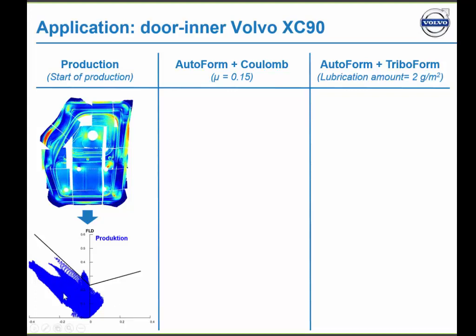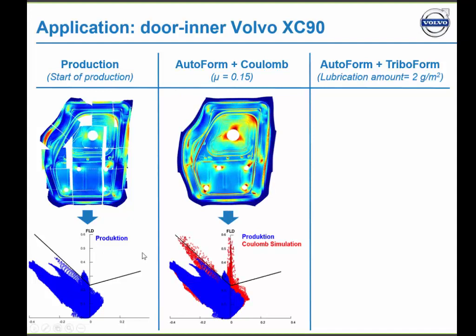Here you see that the part is critical, so it's exceeding the forming limit curve. If they simulate it with Coulomb, then you will see that the part is critical. There's a major part exceeding the forming limit curve. So from this simulation, you would say, okay, this product is critical.